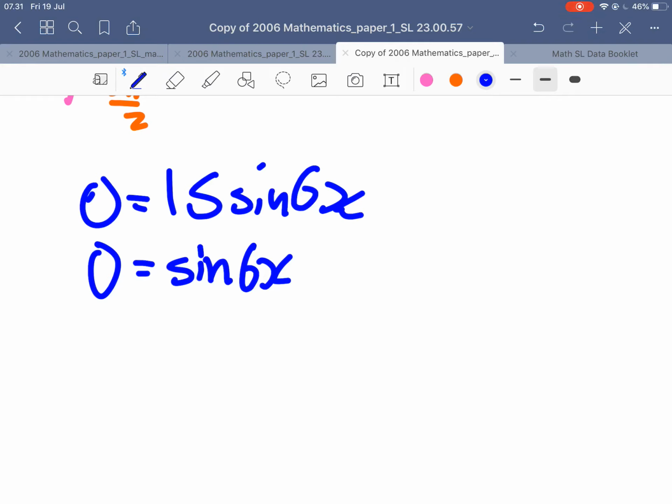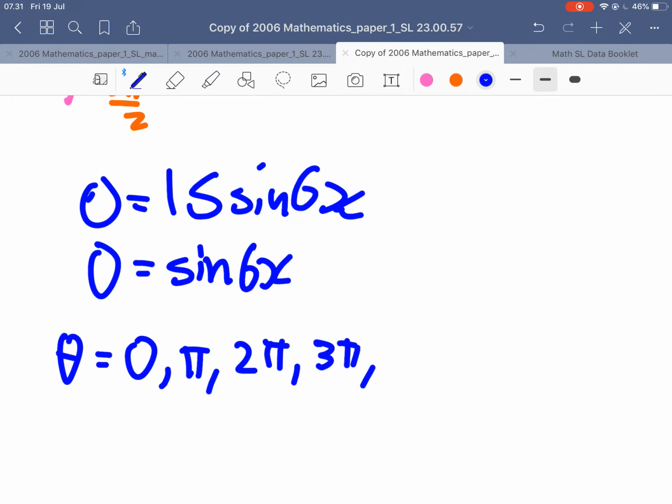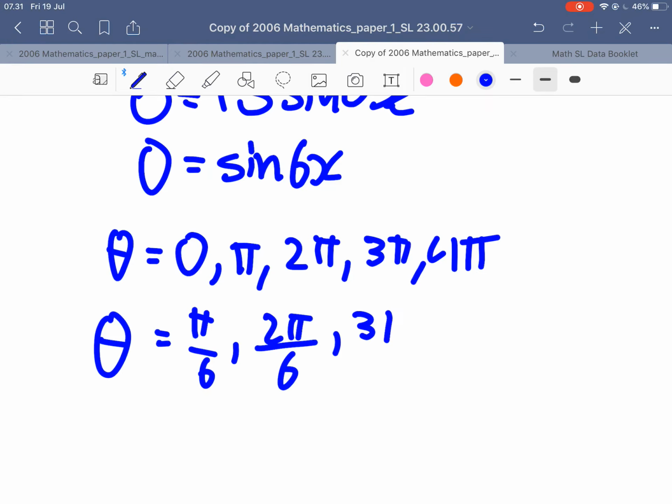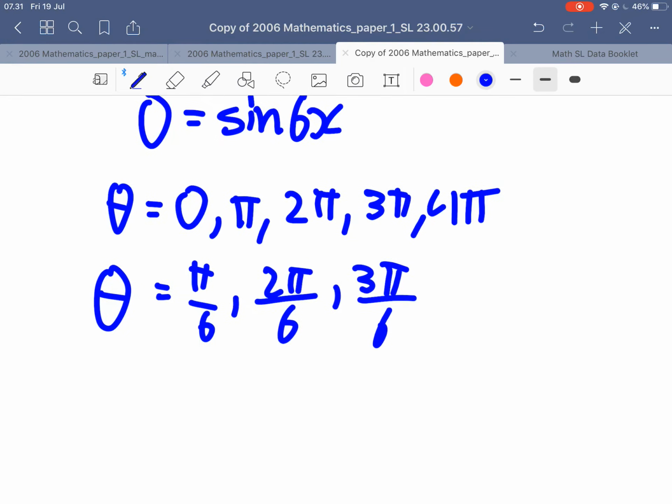And we know that for here, the angle will equal 0, pi, 2 pi, 3 pi, 4 pi. That's probably enough. And then we'll divide this by 6. So we'll get pi on 6, 2 pi on 6, 3 pi on 6. Okay, that's getting too big already.